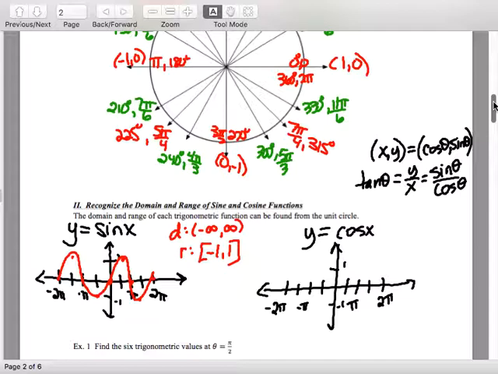So when you go to do cosine, I look at my unit circle, and the cosine of 0 radians, or 0 degrees, is 1. So you start up here at 1, pi over 2 is 0, pi is -1, 0, and back up to 1. And if you continue the pattern on the left, it looks like this.